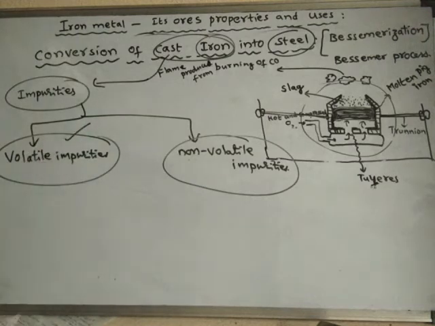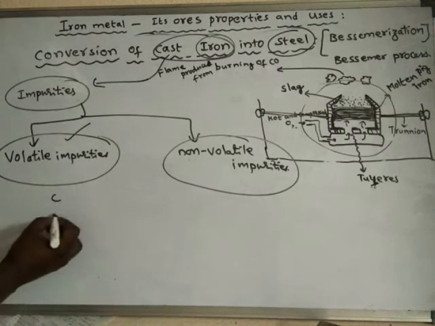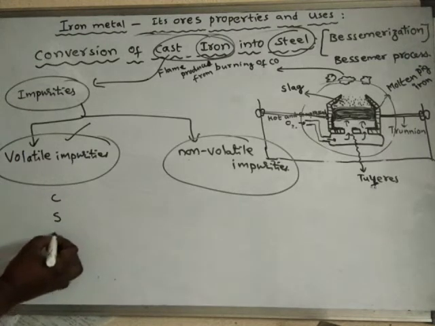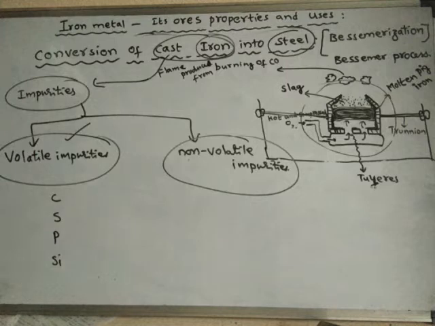Volatile impurities. Generally carbon, sulfur, phosphorus, and silicon are volatile impurities.